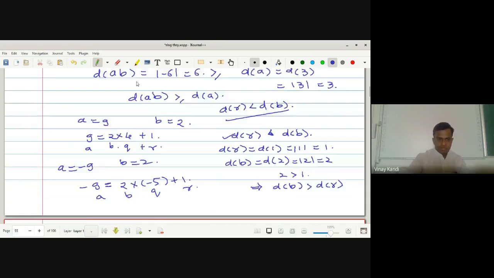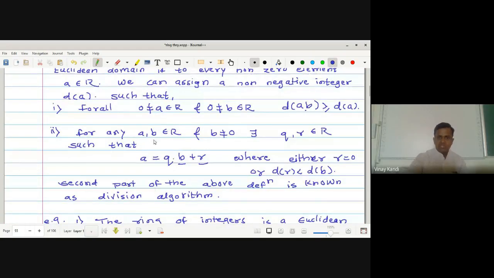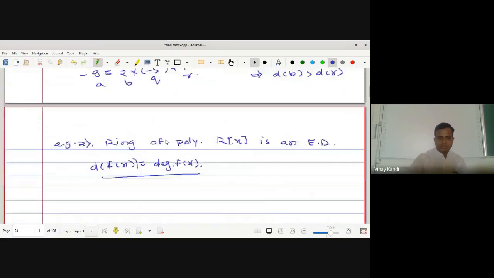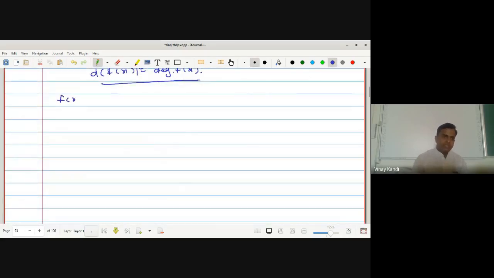Okay, for example, look at it. What is the first condition? If A, B belongs to R. Here what will A and B be? They will be two polynomials, f(x) and g(x). Suppose these two non-zero polynomials belong to R of x. This is your A, this is your B. So d of AB, A into B, is equal to degree of f(x) into g(x).